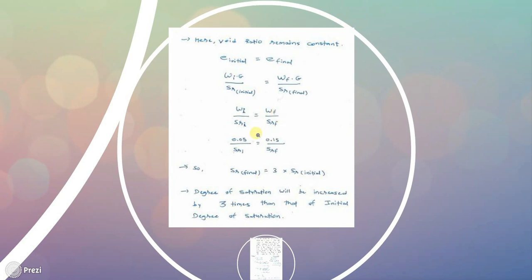If I put values from the problem, initial water content was 0.05, final water content was 0.15, and S R initial and S R final I do not know. So I'll get S R final is equal to 3 times S R initial. So if I want to increase my water content from 5% to 15%, the degree of saturation will increase to 3 times the initial degree of saturation.